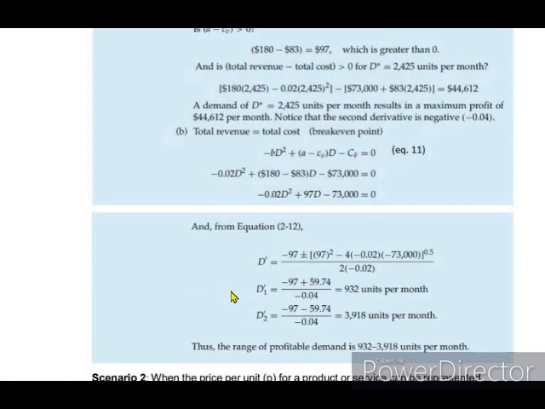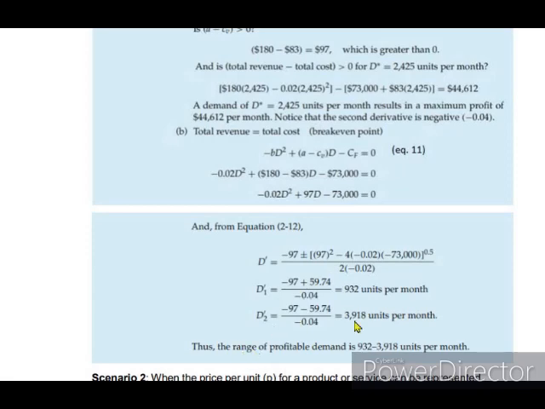And by using equation 12, okay, the equation 12 is this. So D prime is equal to negative 97 plus or minus the quantity 97 squared minus 4 multiplied by negative 0.02 multiplied by negative 73,000, raised to 0.5, all over 2 times negative 0.02, because we are getting the roots of the quadratic equation here.